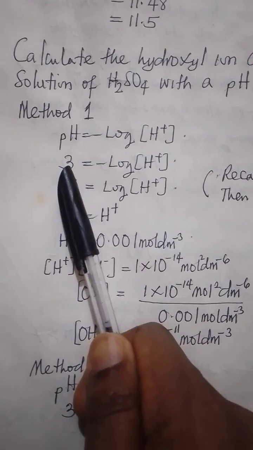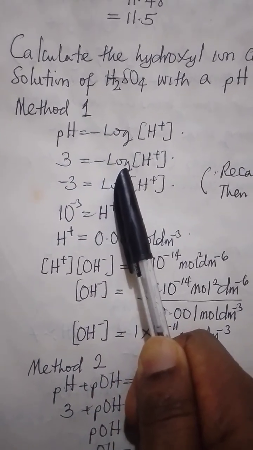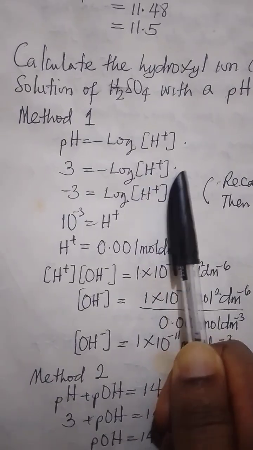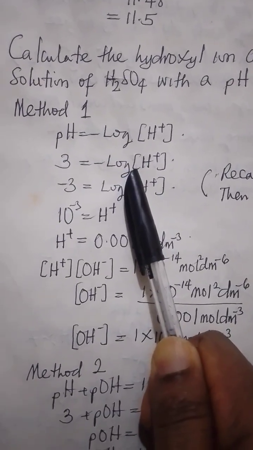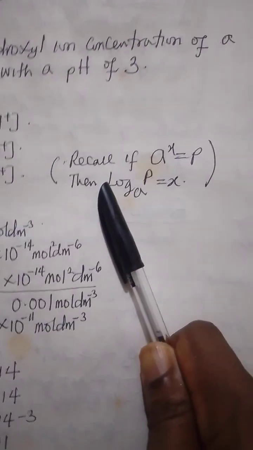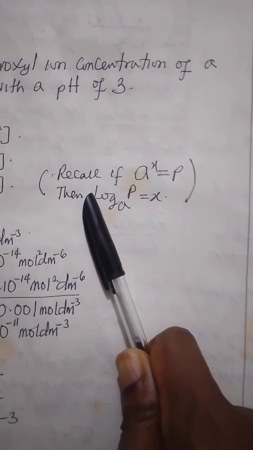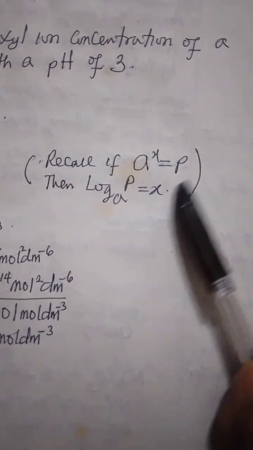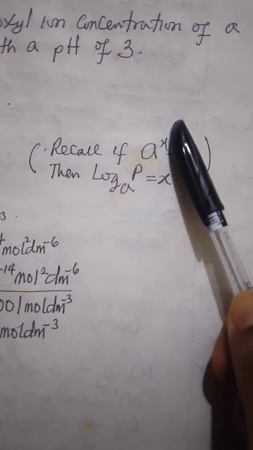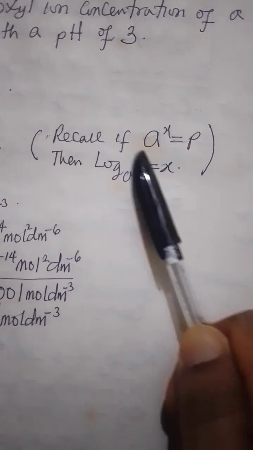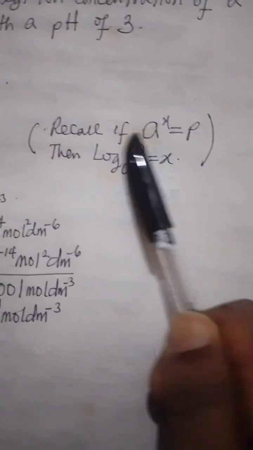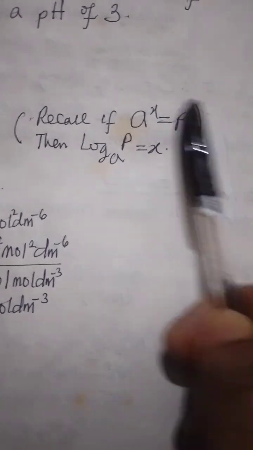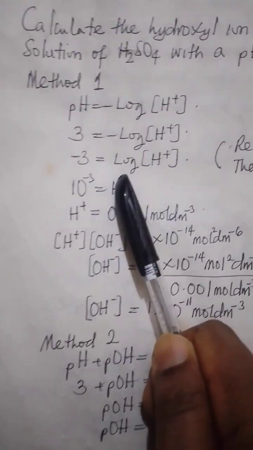So 3 equals minus log H plus, the negative logarithm of hydrogen ion concentration, to base 10. We will need to recall this very law in logarithm. This is the initial form, base a to power x equals p. If we convert this to logarithmic form, that will be log p base a equals x, as it is written. So we'll apply this knowledge here now.